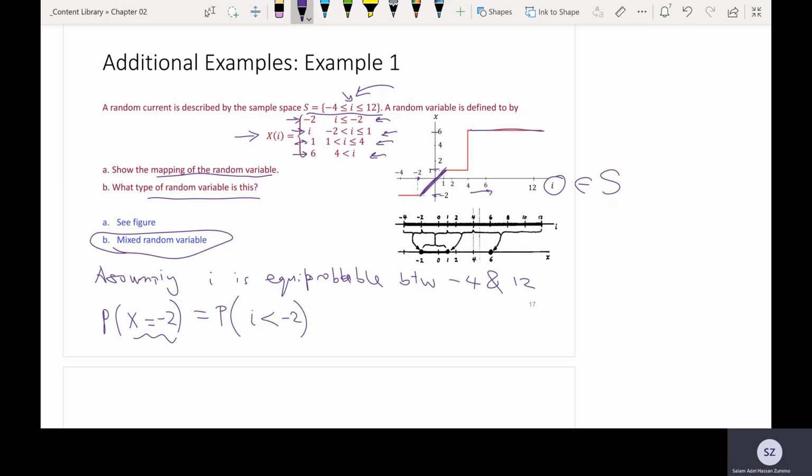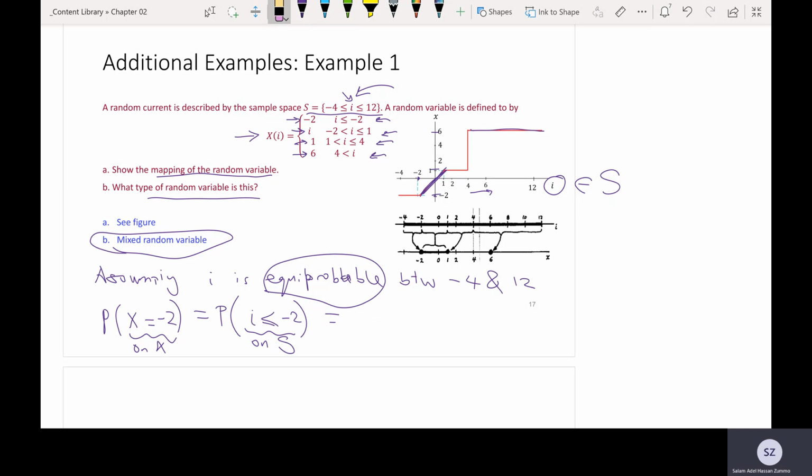This is the event on the random variable x, defined on x, and this event is defined on where? On S. So in order to find the probability of any event on x, you need to go back to the definition of the sample space. So what is this equal to? Because of equal probability, this is the key. This is equal to the width of 2.